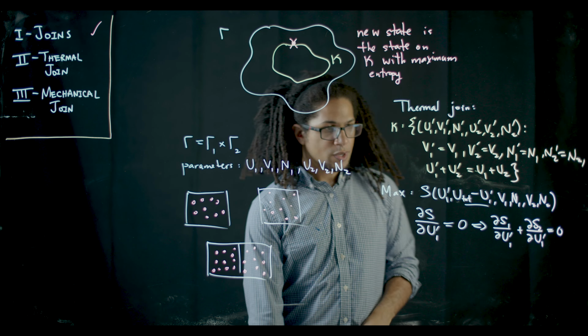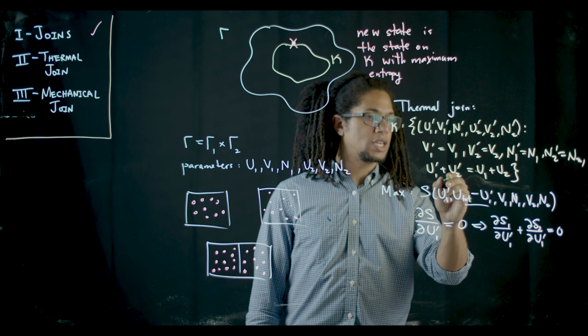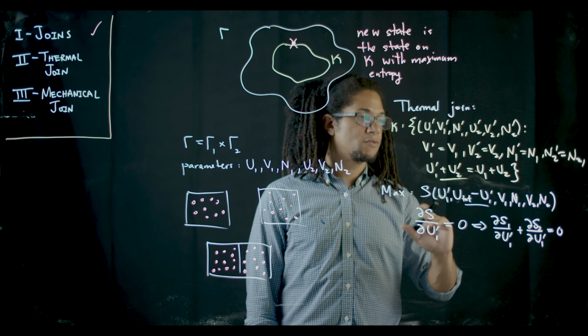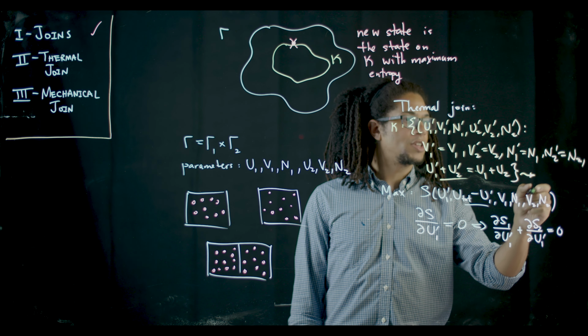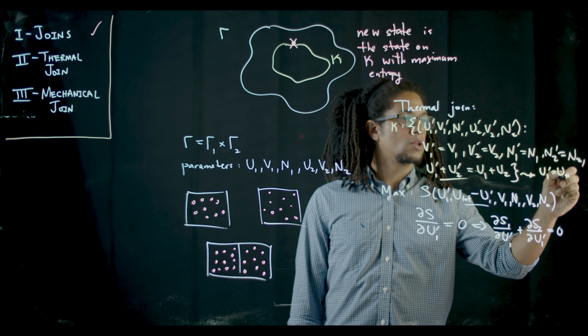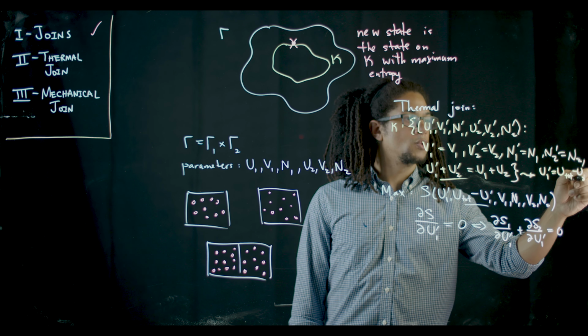But now let's rewrite this last equation here in a way that makes u1 prime a function of u2 prime. So all of this implies that u1 prime is equal to u total minus u2 prime.